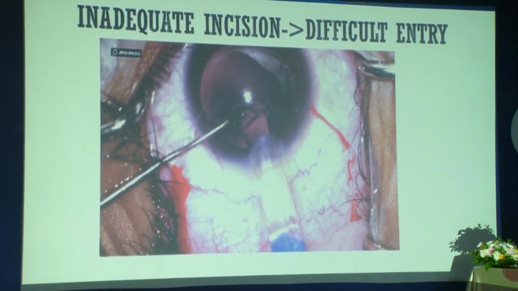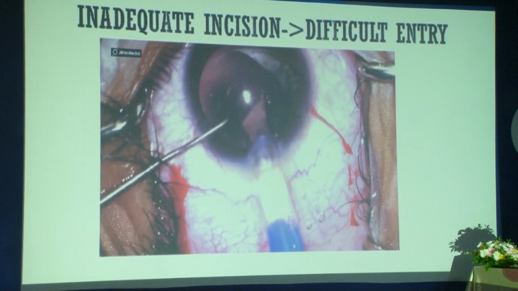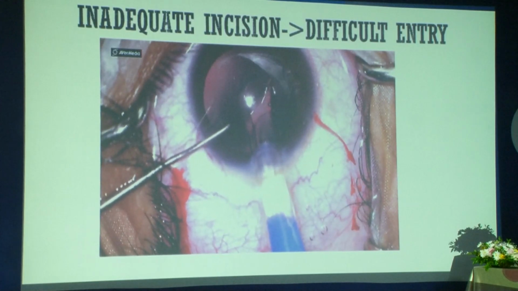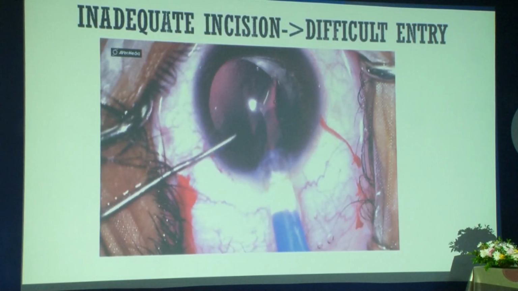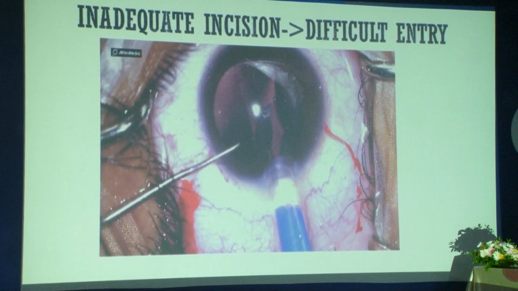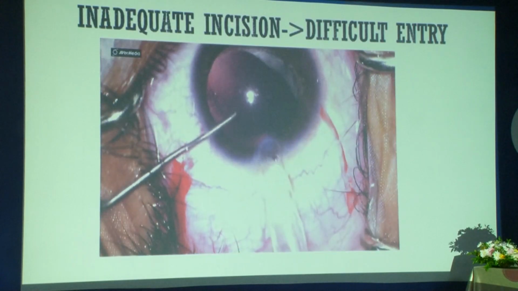It cannot be stressed enough that the ease of entry and loading will do 70% of the work for you. We can see that there is resistance and the lens is opening in an orientation that would not make you comfortable. So make sure that the entry is adequate. This is not a phaco where we can't have leaking wounds. If you have any doubt in your mind, you can extend the wound a little more so that your injector goes in with less resistance.